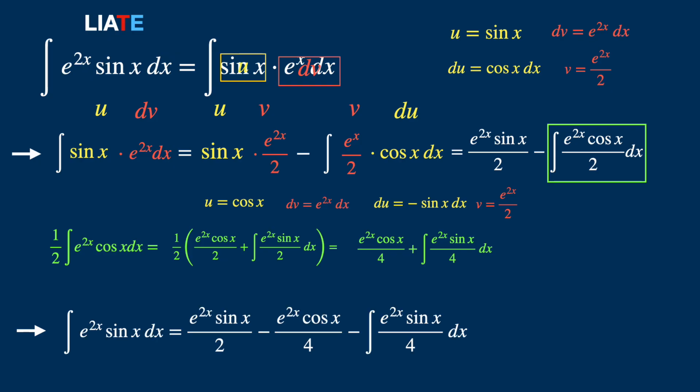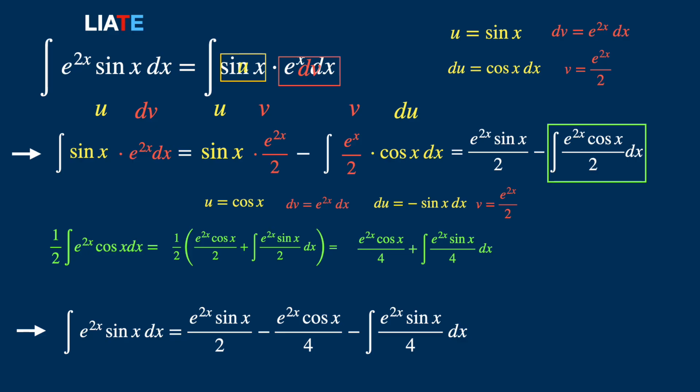Now you have the integral e to the 2x sine x dx equals e to the 2x sine x over 2 minus e to the 2x cosine x over 4 minus the integral e to the 2x sine x over 4 dx. Here, we couldn't find the integral e to the 2x sine x dx.